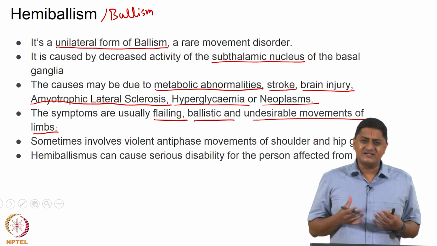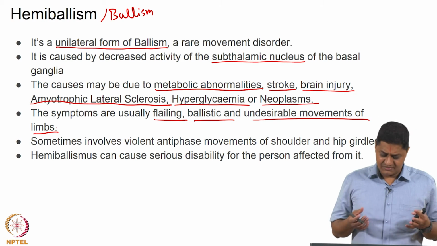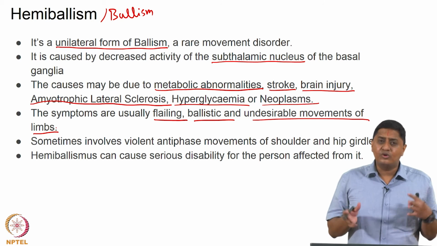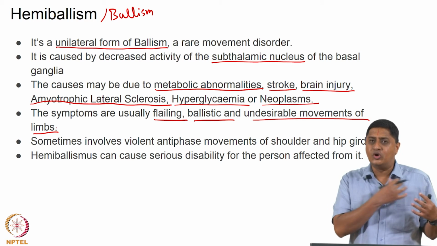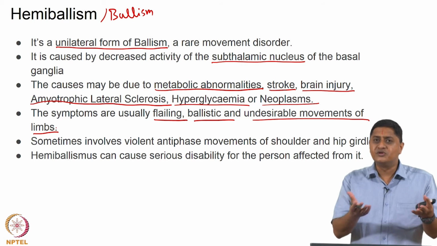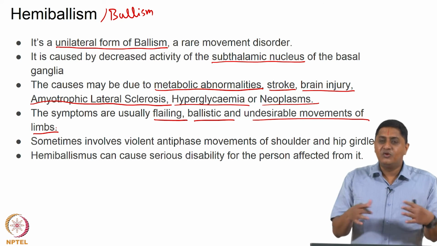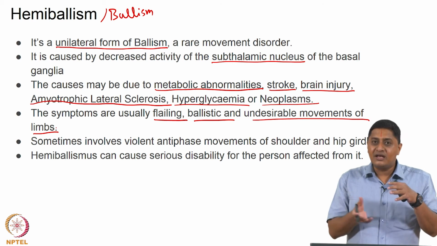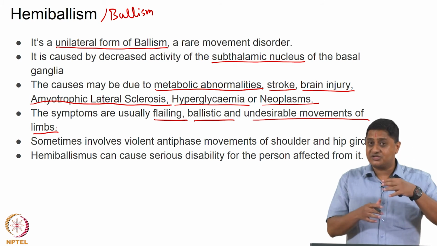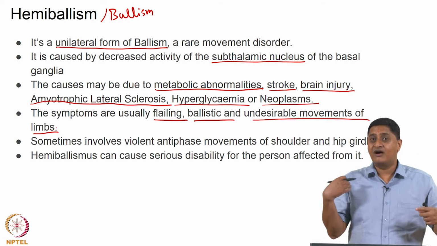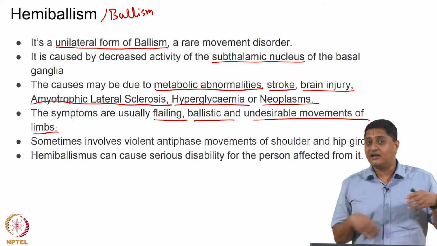Usually ballism and hemiballism involve violent out of phase movements between the shoulder girdle and the hip girdle, like you would see in Bollywood dance. When you watch a Bollywood song, you see very fast out of phase movements of the shoulder girdle and the hip girdle.